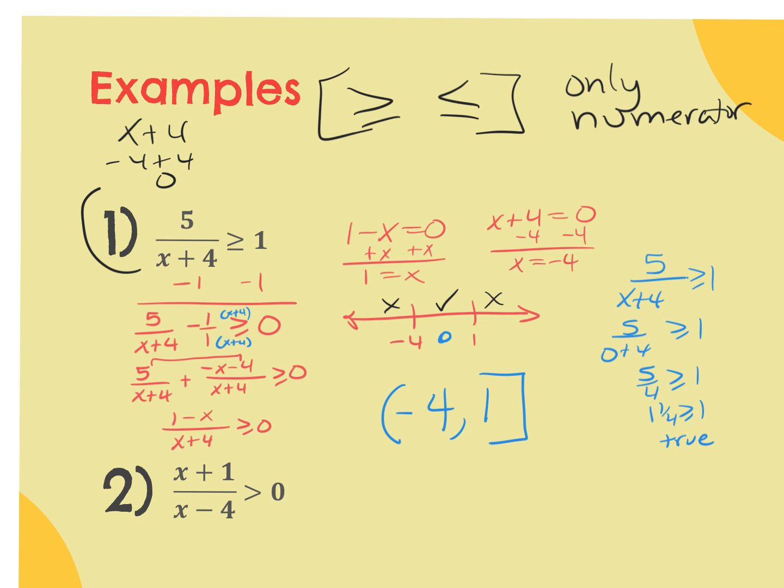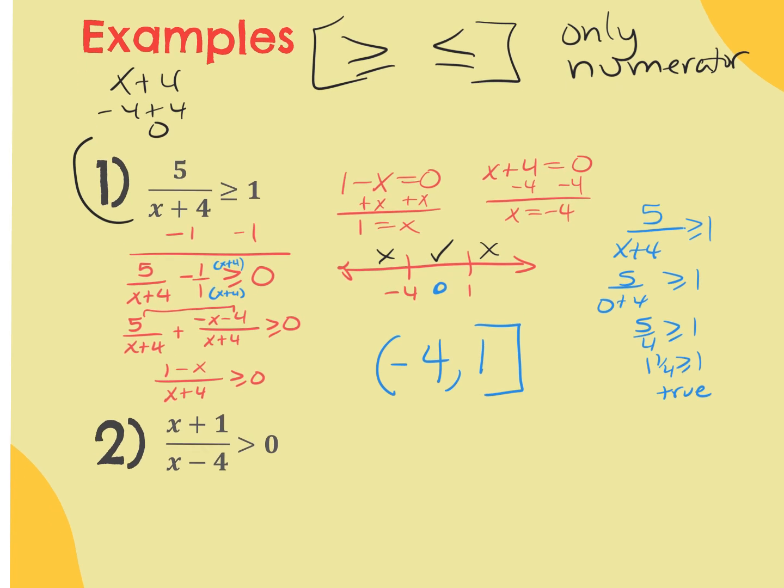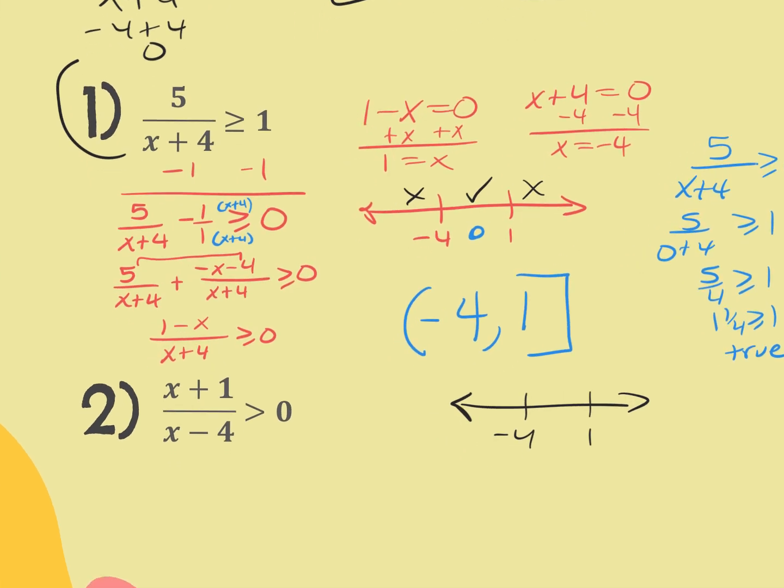The graph of this would look like, again with the numbers here, I'm putting a parenthesis around -4 and then the bracket and then joined in the middle. And that would be your graph. Always remember to put it least to greatest. So the answer from the denominator will never get a bracket. It'll always be a parenthesis.